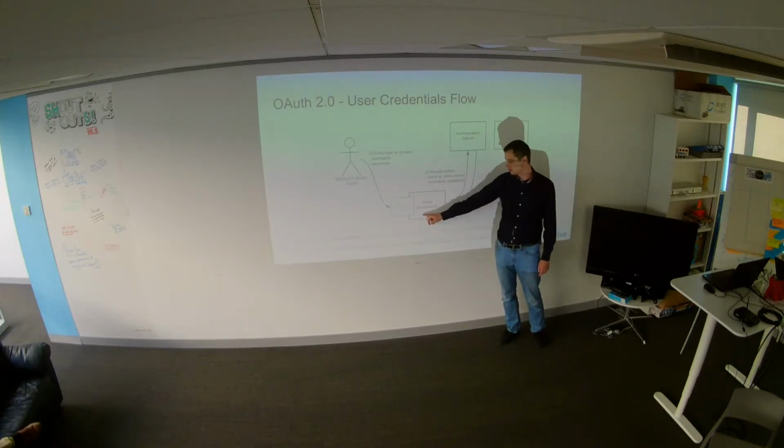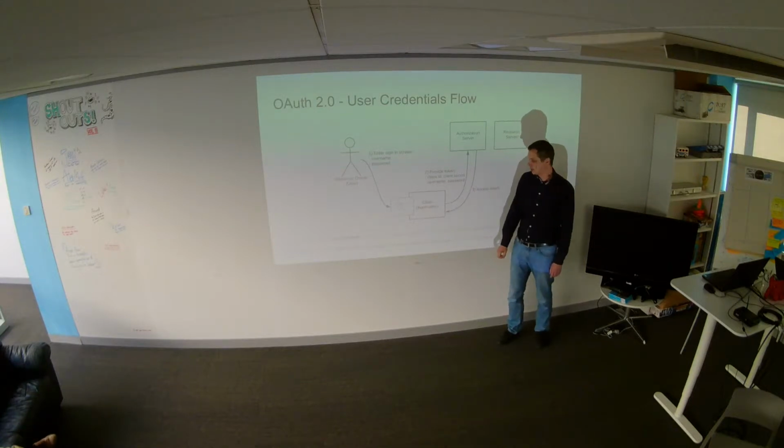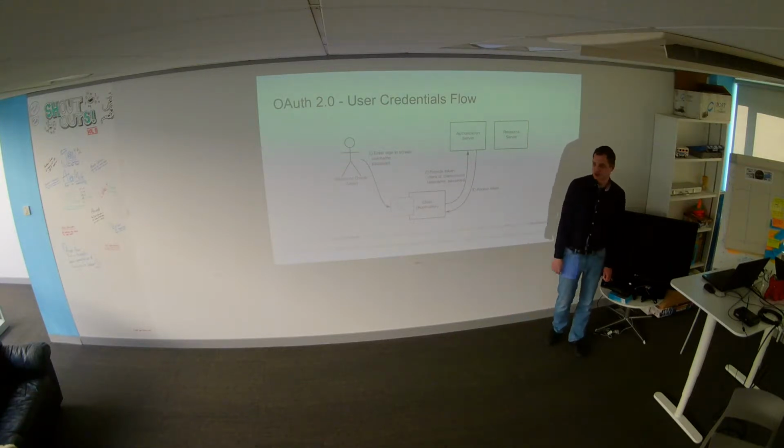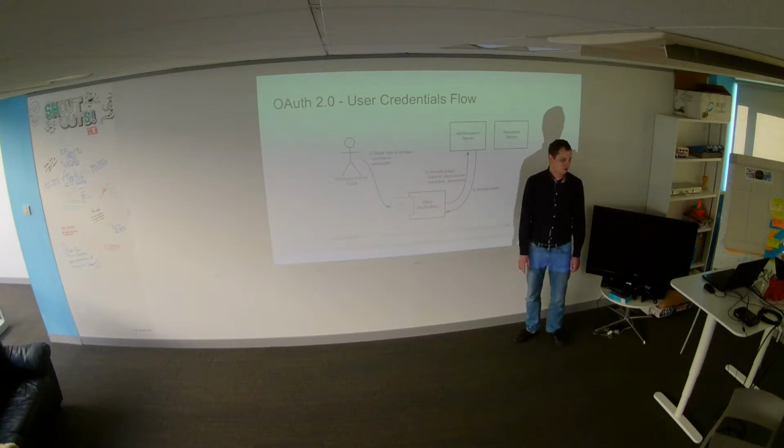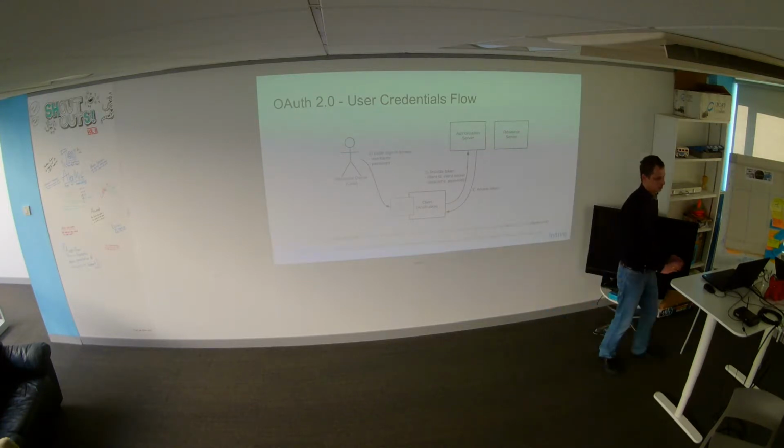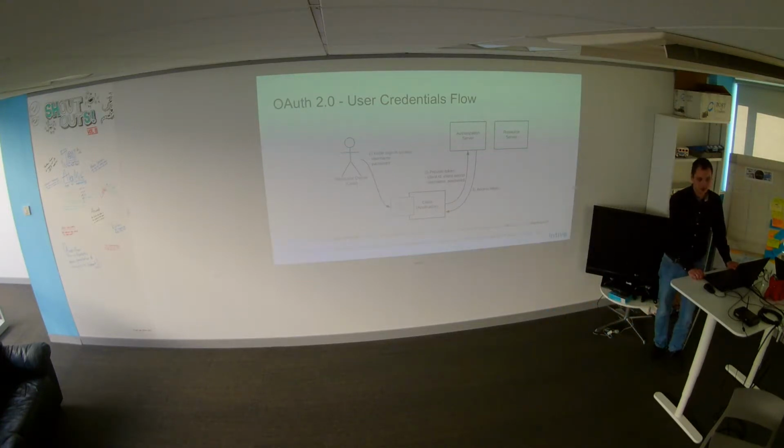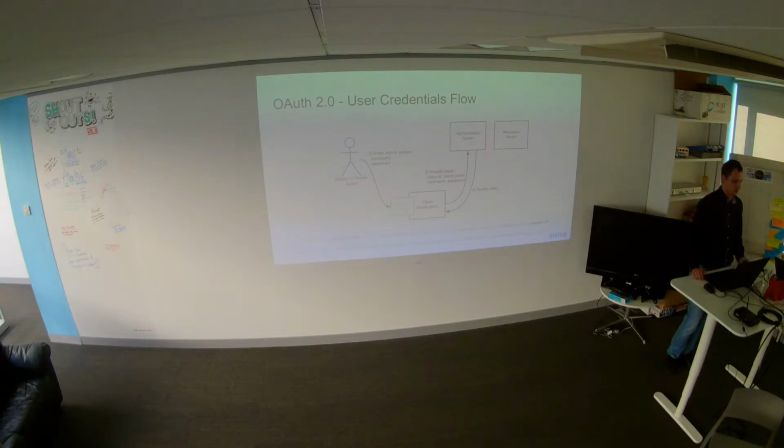The downside of this flow is that the client now has seen the password. It's useful for native applications. For example, the Facebook native mobile application uses this flow, the Twitter native mobile application uses this flow. Where you fire up the Facebook application for the first time and you don't see a redirection, you just see the login form.